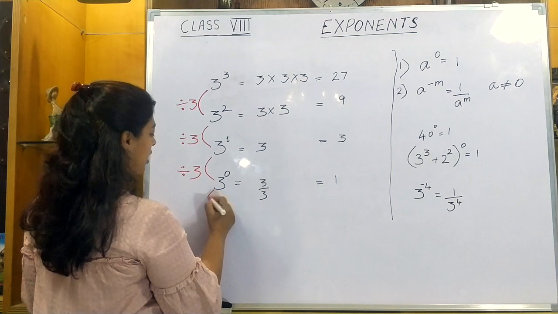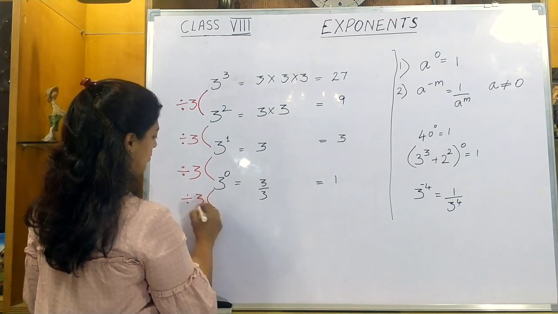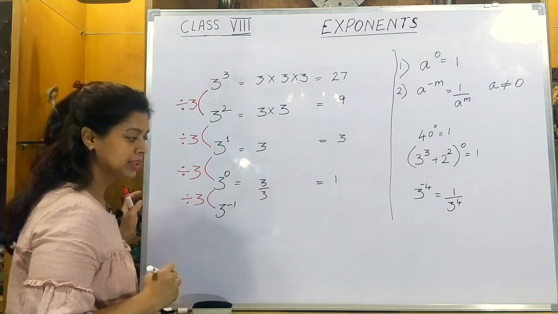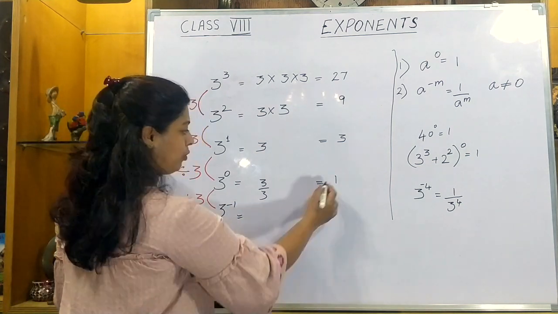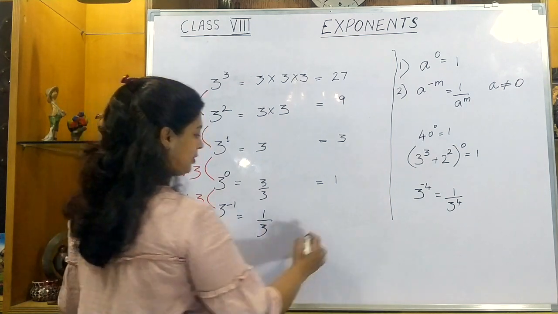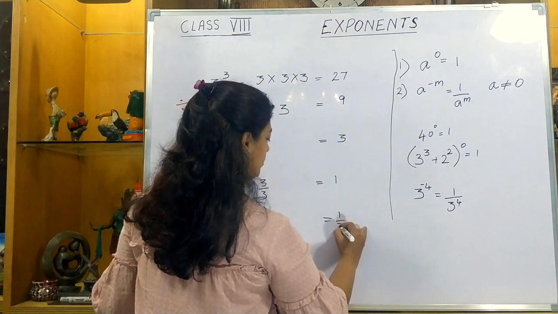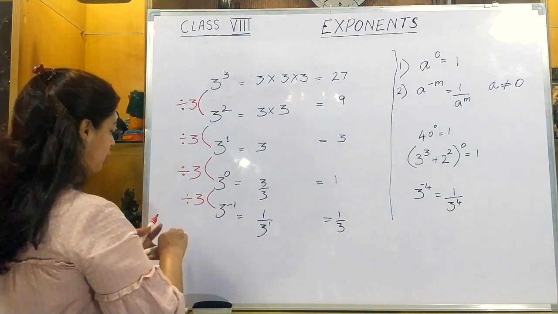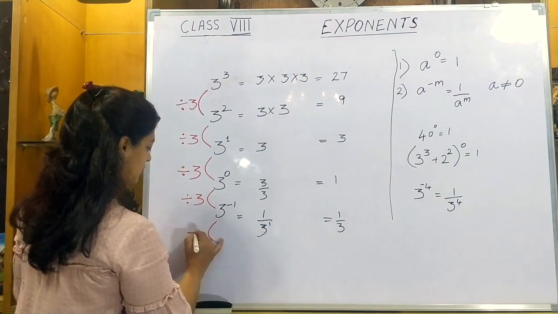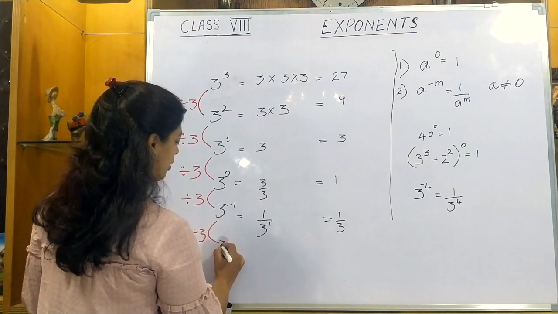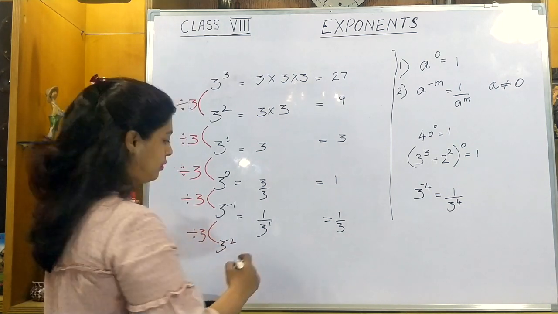Now if I further divide this by 3, I get 3 raised to the power of minus 1, which is equal to 1 divided by 3. The value is 1 by 3, or 1 by 3 raised to 1 also you can say. On further division by 3, this becomes 3 raised to the power of minus 2.